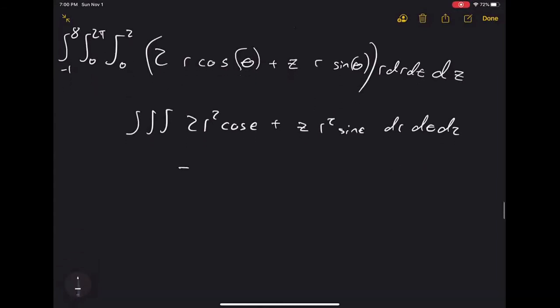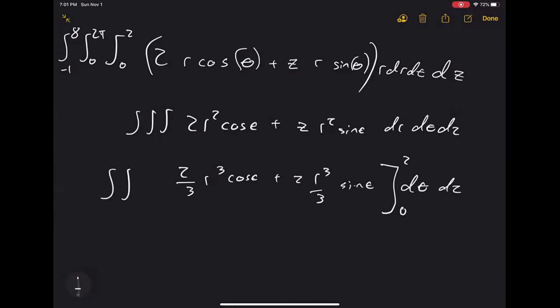I get 2/3 r cubed cosine theta plus z r cubed over 3 sine theta, d theta dz, evaluating from 0 to 2.